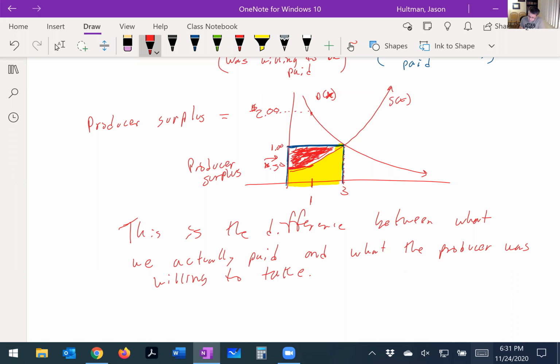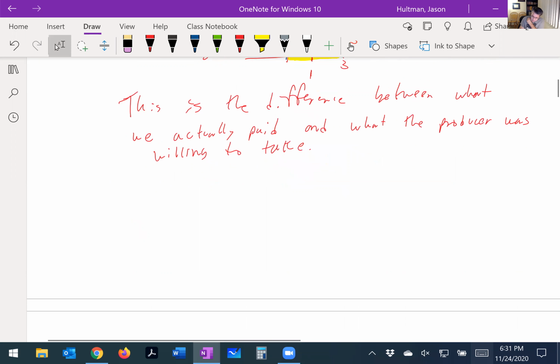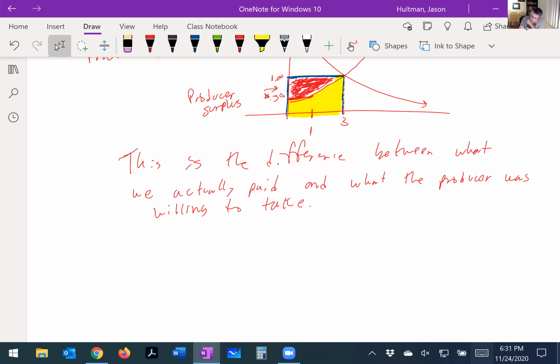So this is the difference between what we actually paid and what the producer is willing to take. Okay, so we're looking for the producer surplus on this one. So looking at this, it's going to be the difference between the rectangle and the yellow amount.